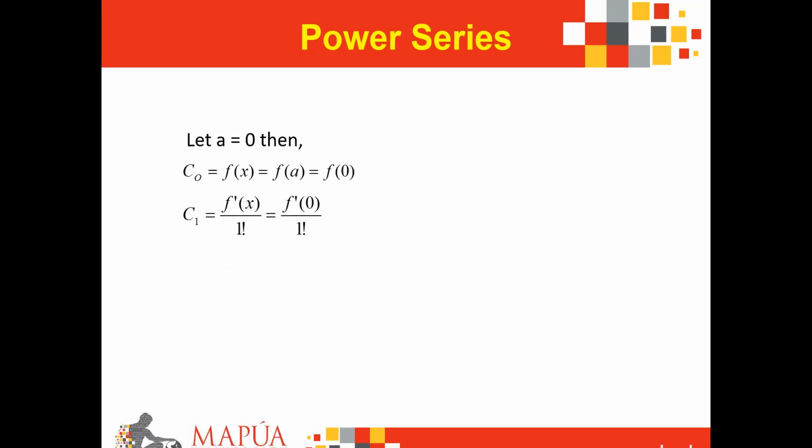Then your c1 becomes the first derivative at x over 1 factorial, which in this case becomes the first derivative at 0 over 1 factorial, since a is equal to 0. Your c2 becomes the second derivative at 0 over 2 factorial. Your c3 becomes the third derivative at 0 over 3 factorial.